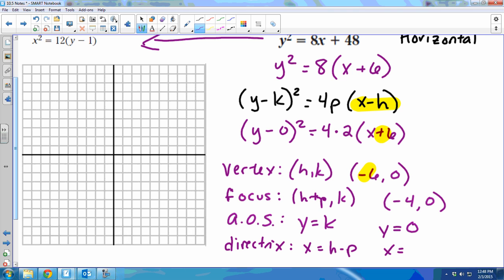So x equals -6 minus 2, -8. Based on the definition, you need a focus and a directrix in order to have a parabola.